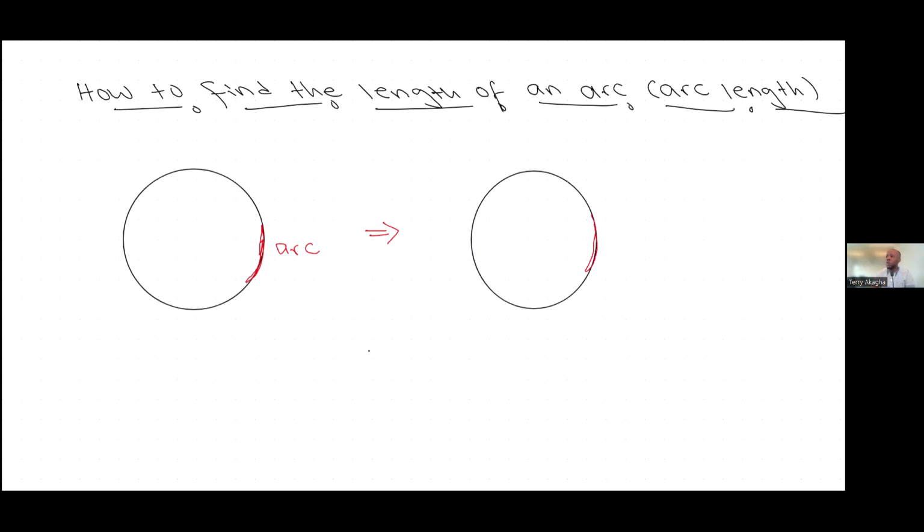If we draw a radius to touch the part we're interested in, from this point all the way to this point, we have the angle subtended by this arc. Let's call the angle theta. And the distance here is called the arc length.